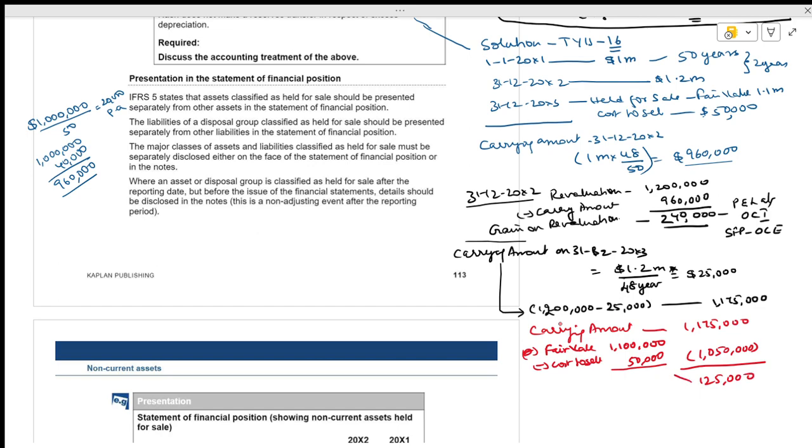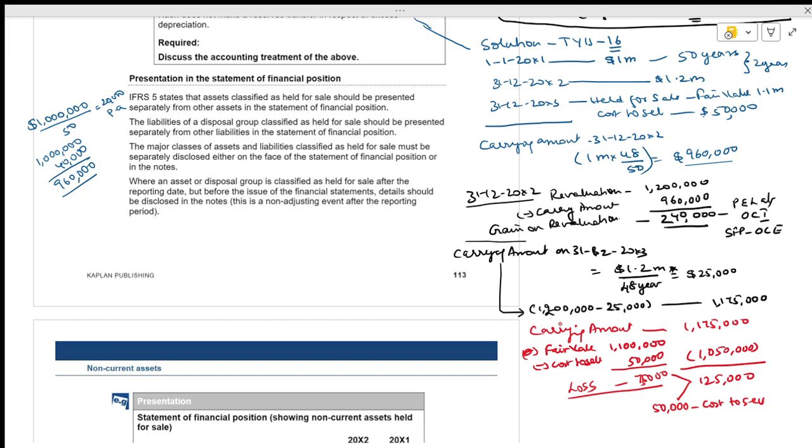In this loss, you have to divide. 50,000 is cost to sell, and 75,000 is the loss. This is where we have to see, very simple.